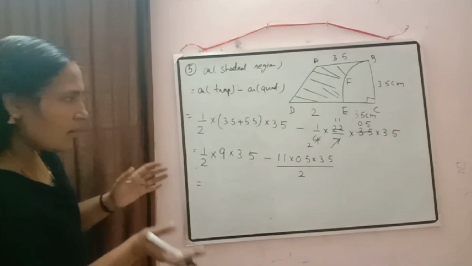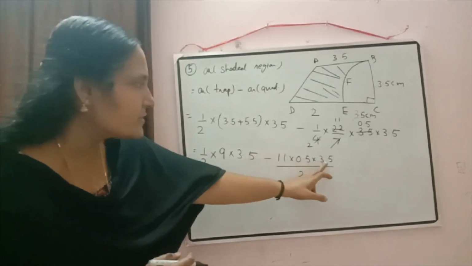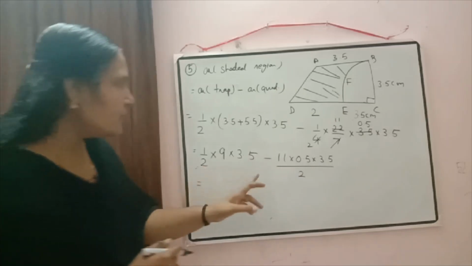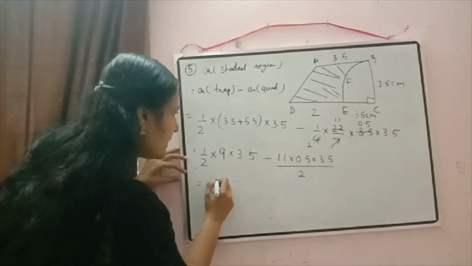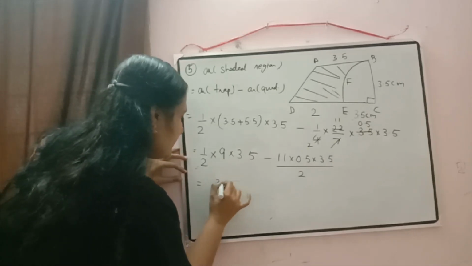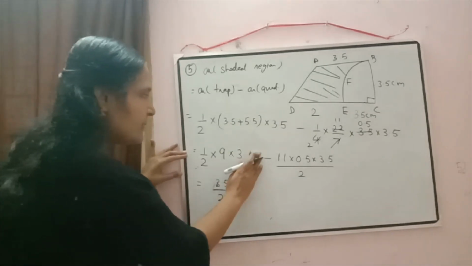Now we can check how anything we can take common. Yes, 3.5 is common and 2 is also common. So 3.5 by 2 taken common.